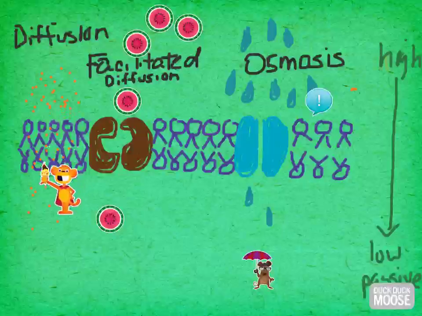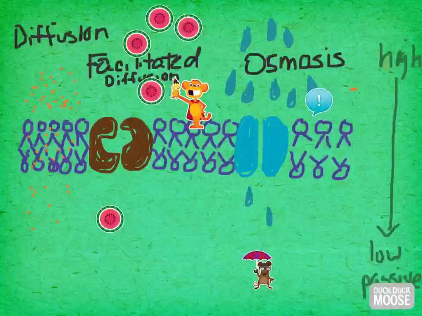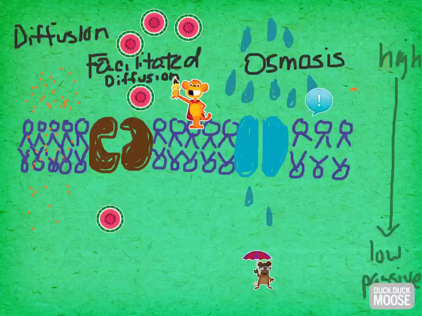Okay, and then the next one, facilitated diffusion. When we facilitate, we need a helper. So let's say these little watermelon chunks, I think that's what they are, need a helper. They have a protein here that's a perfectly shaped helper. Didn't I draw that perfectly? Not so much.